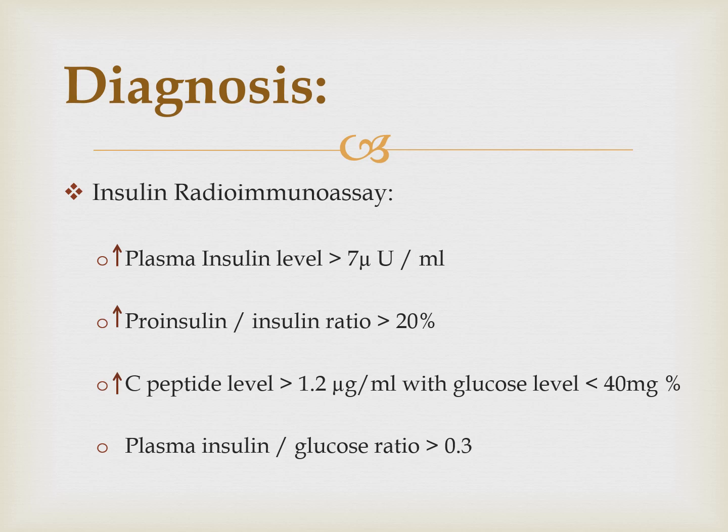Plasma insulin per glucose ratio is more than 0.3. Increased C peptide demonstrates the endogenous secretion of insulin, and so it excludes the fictitious hypoglycemia induced by insulin injection.